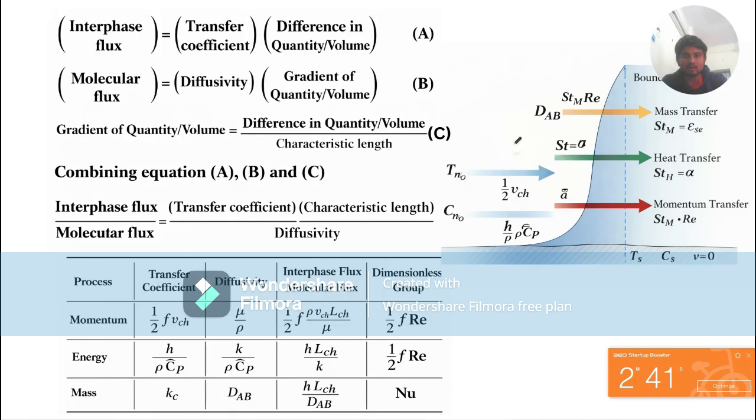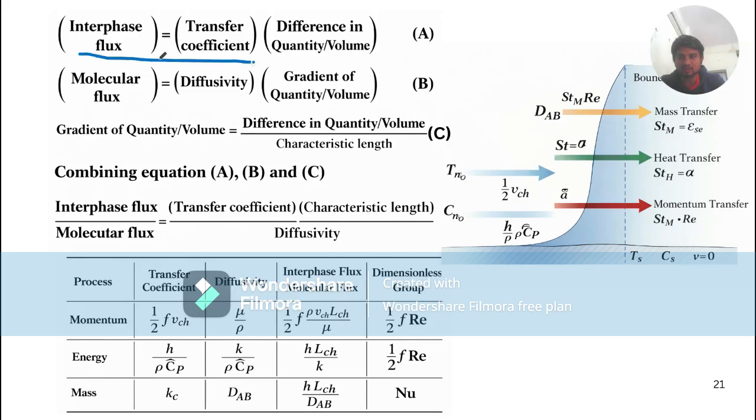So now let us look at the relationship between interface flux and molecular flux and the dimensionless numbers emerging from their relations. As we have defined in the previous slide, interface flux equals transfer coefficient into difference in quantity per unit volume, and as we know, molecular flux equals diffusivity into gradient of quantity per unit volume.